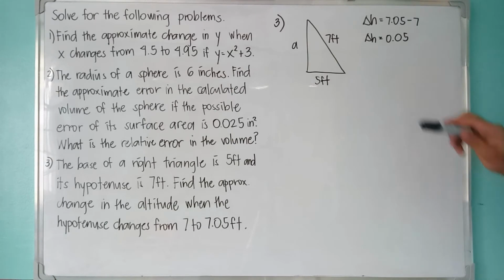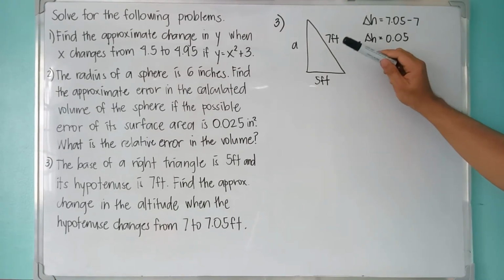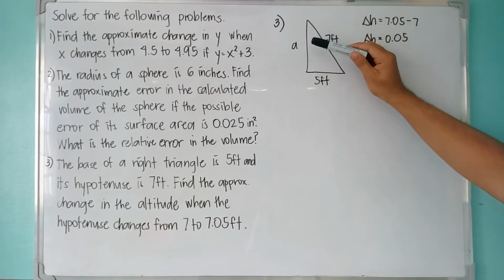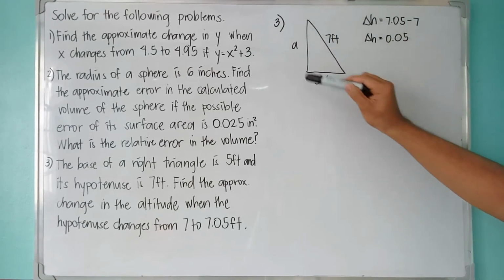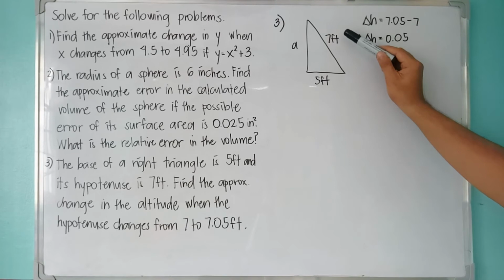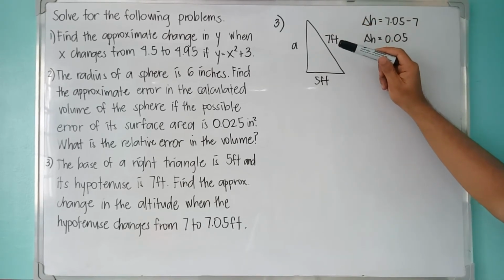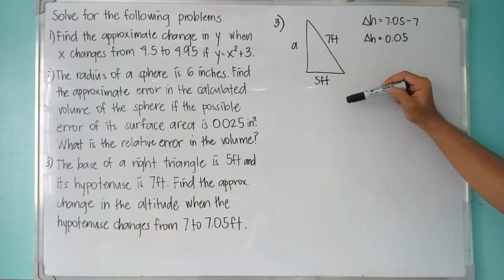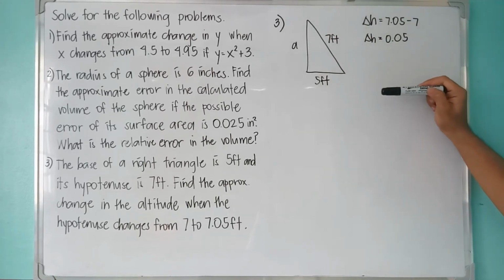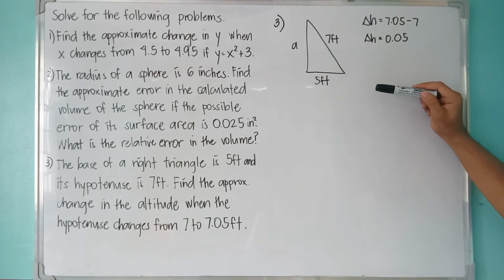So, ngayon, since kinukuha natin yung approximate change in the altitude, therefore, kailangan kunin natin yung differential of A. Kukuha tayo ng relationship between sa tatlong given na meron tayo, which is 7 feet, 5 feet, tapos itong altitude na hinahanap. Since right triangle yung given, gamitin natin ang Pythagorean theorem.